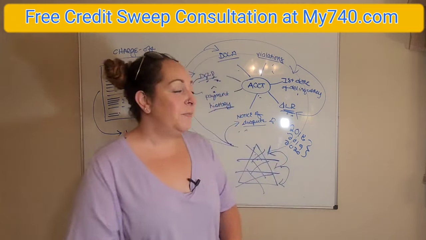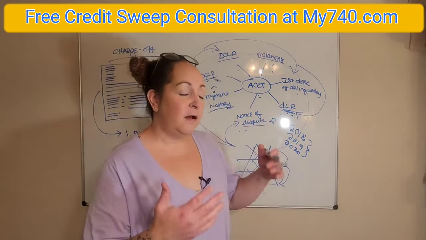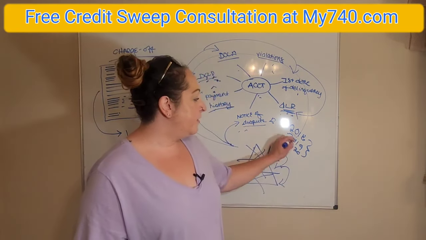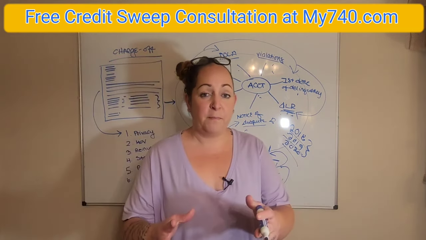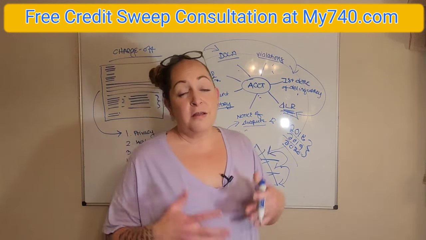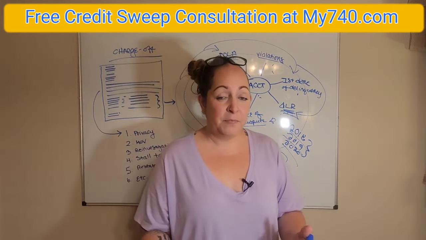So an example of date last reported would be, let's say that you send in your dispute, you said, 3 different dates and the date last paid, delete, blah, blah, blah. They said verified, but they didn't change the date last reported or the status update date. It just depends on which bureau you're looking at or which site.